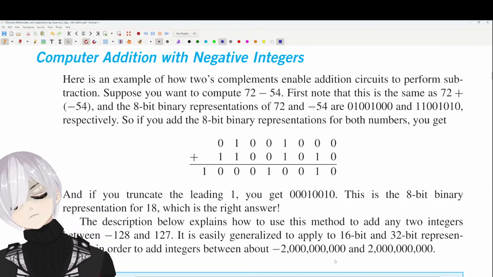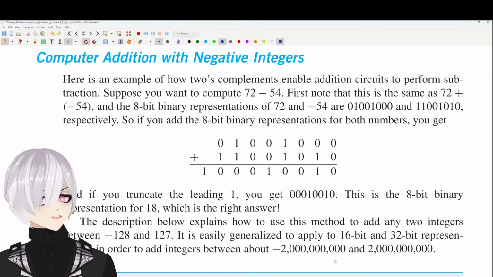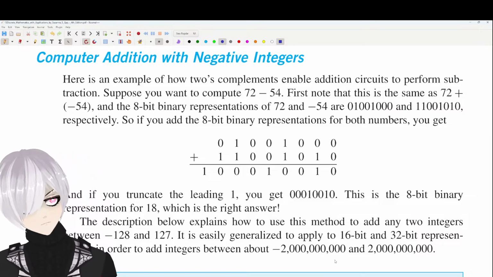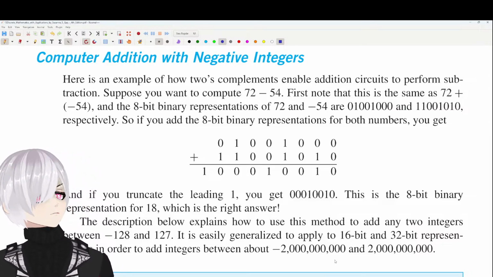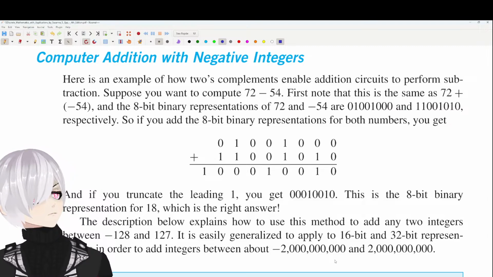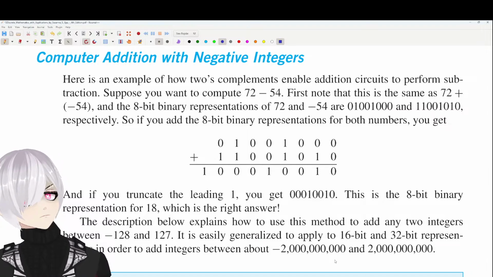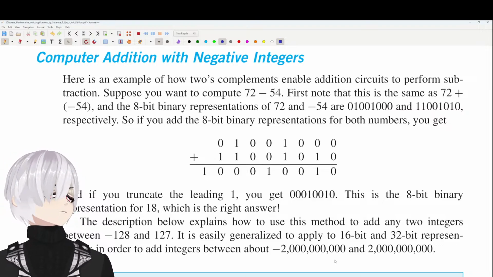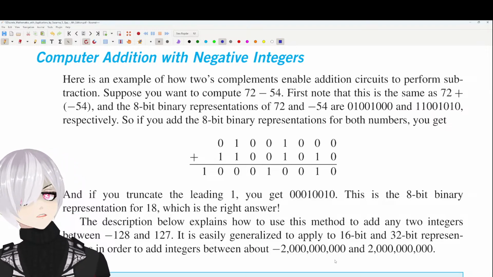Okay, that's cool. Let's see. Computer addition with negative integers. Here's an example of how two's complement enables addition circuits to perform subtraction. Suppose you want to compute 72 minus 54. First, note that this is the same as 72 plus negative 54.